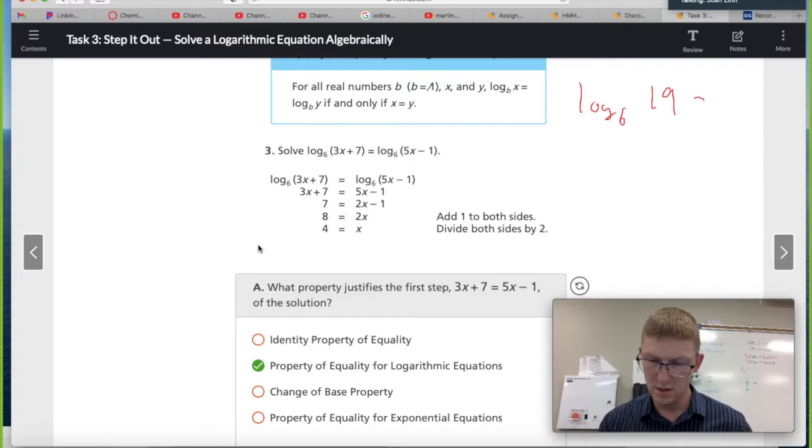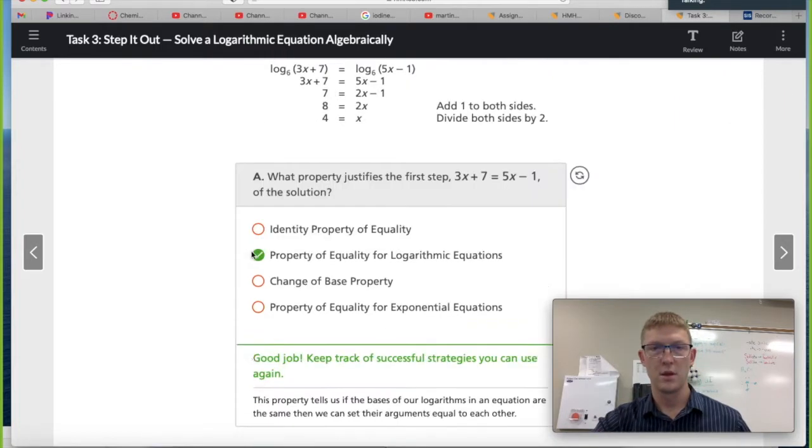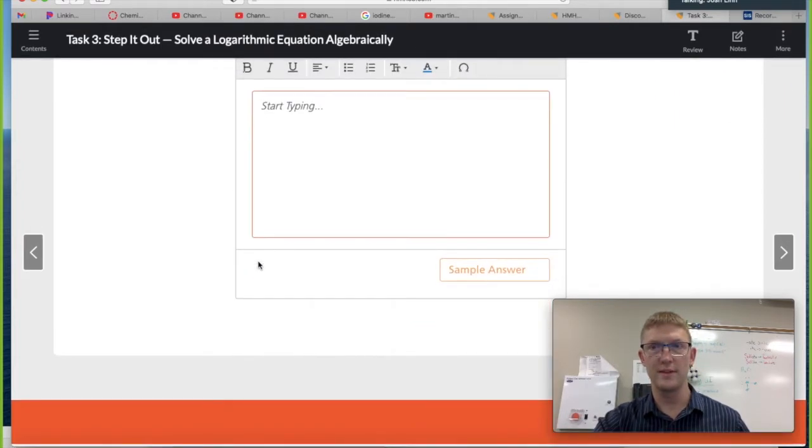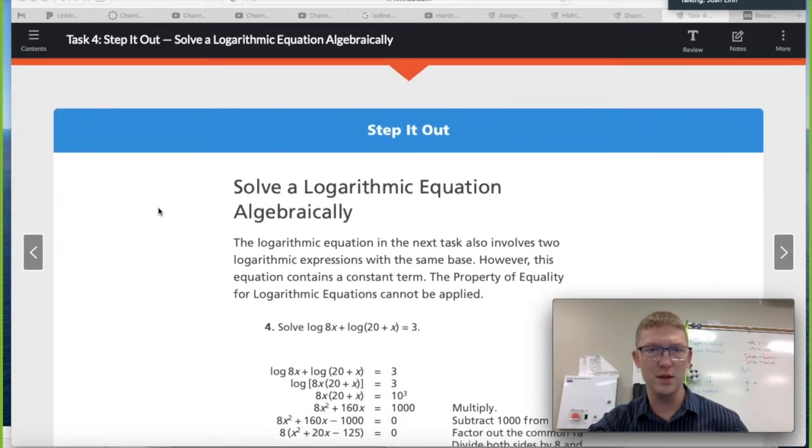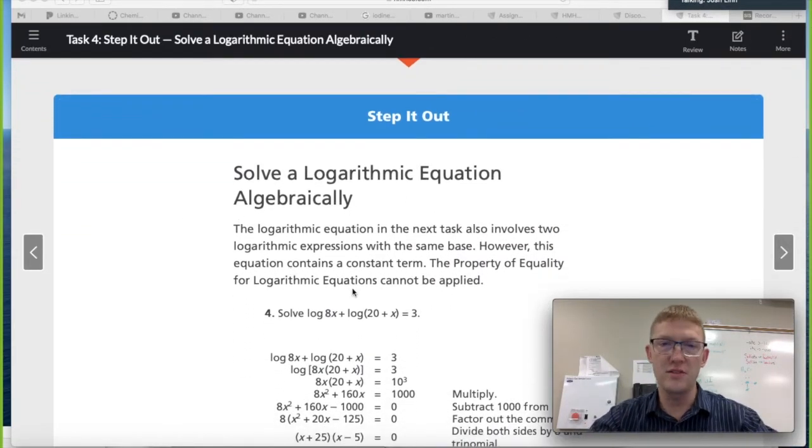And then the other side, log base 6 of 5 times 4, minus 1, that'd be 19. And look, they're the same. Done. Too easy. Solving logarithmic equations algebraically.